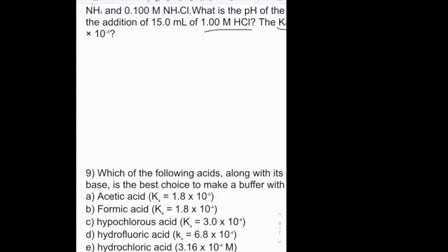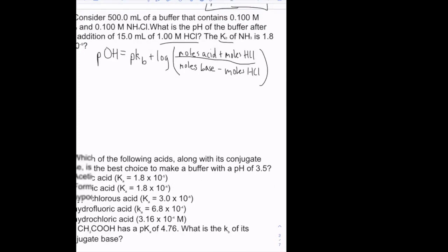So for this case, the equation says pOH equals pKb plus log of moles of acid plus moles of HCl, divided by moles of base minus moles of HCl. So we know this is what we're going to have to plug things into.